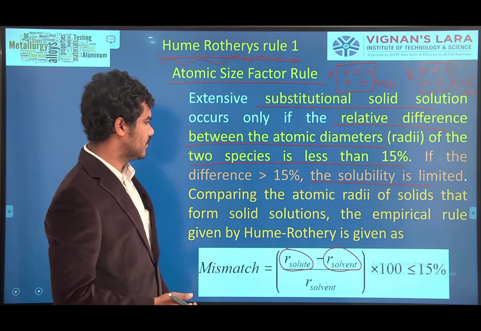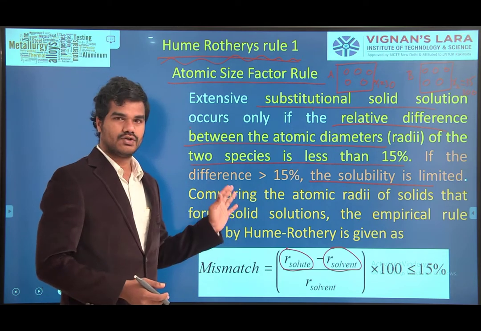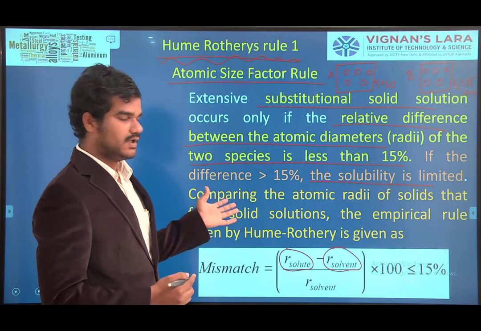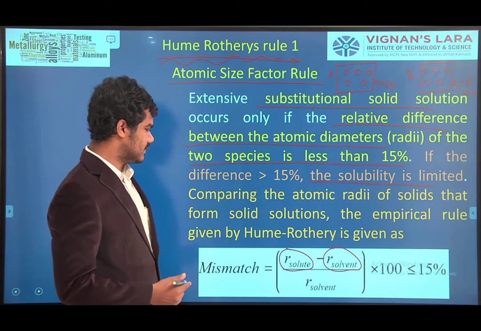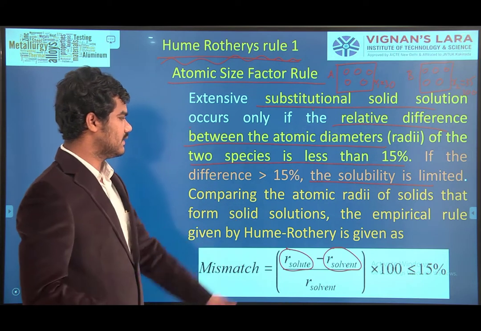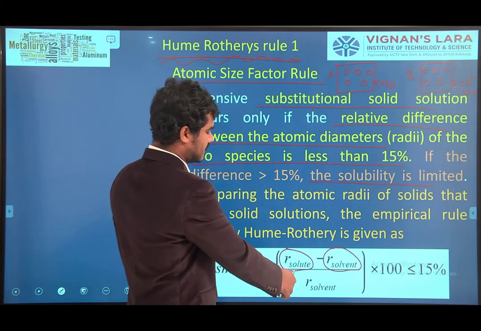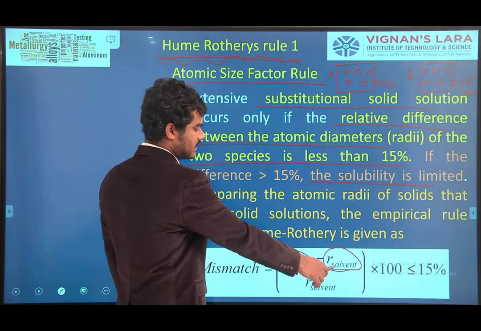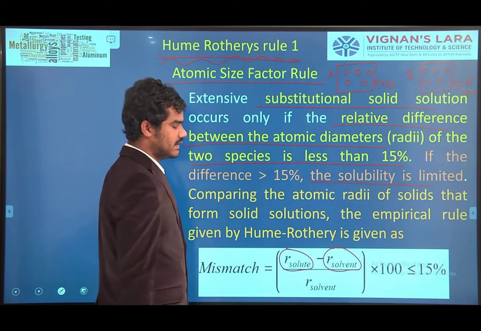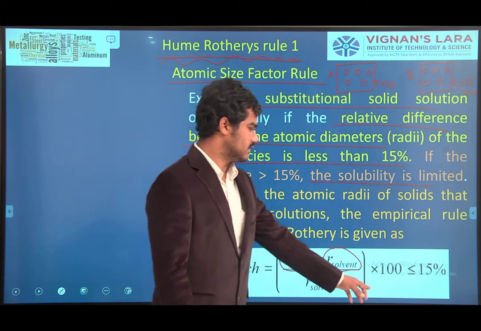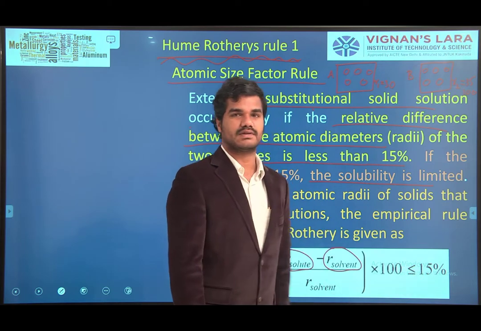So Hume-Rothery rule 1. He proposed one relation between solvent and solute. That is, mismatch is equal to atomic radius of solute minus atomic radius of solvent, divided by atomic radius of solvent, into 100. It should be less than or equal to 15%.